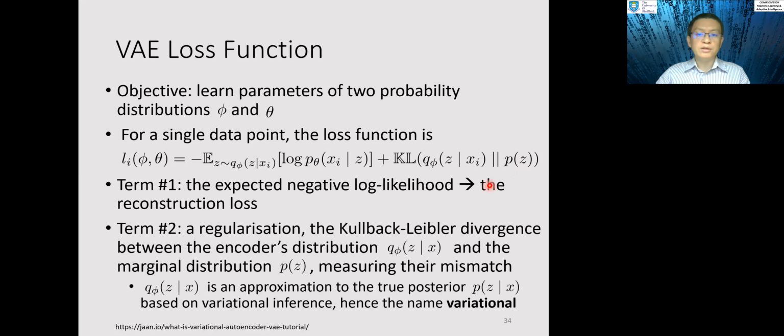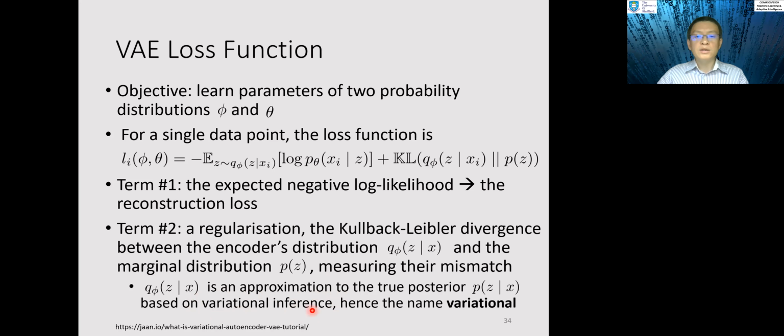This KL divergence measures the mismatch between these two distributions, and it basically penalizes the mismatch. Here, this q phi of z given x is actually an approximation to the true posterior probability of z given x.